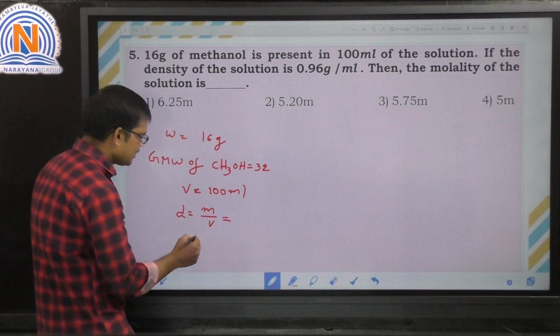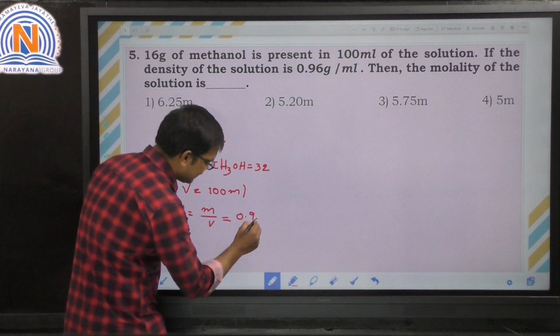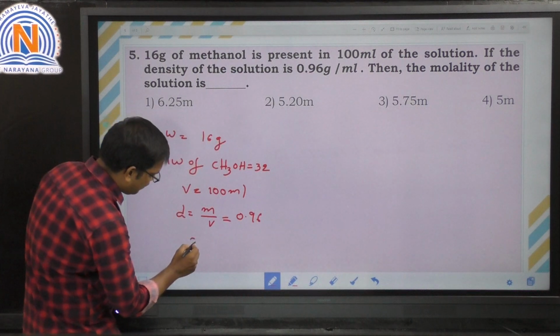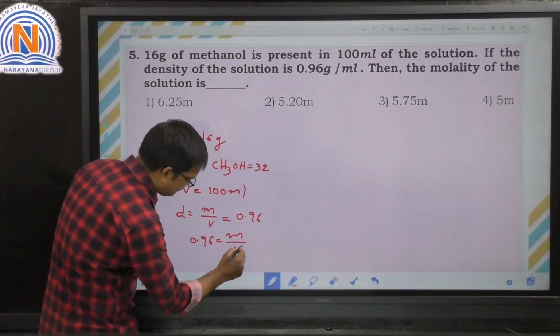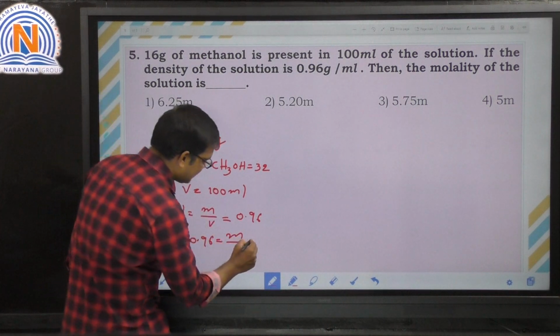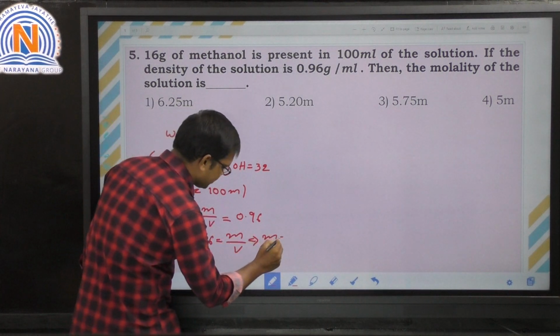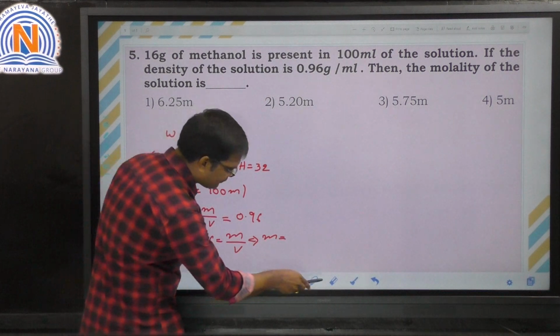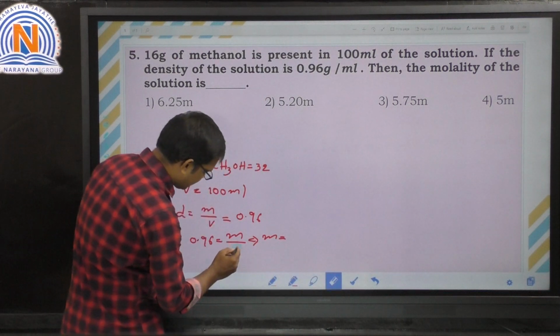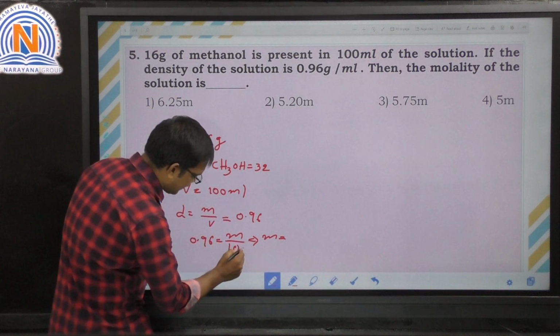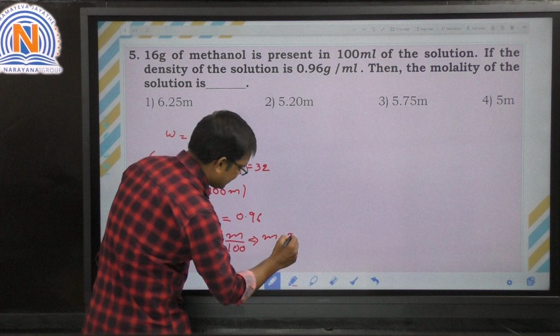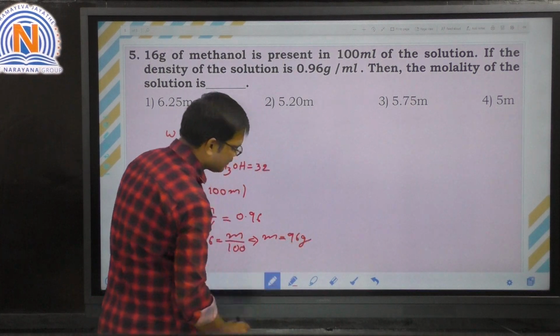So density is 0.96, so 0.96 equals M by V, where M is the mass of the solution. Then you will get the mass of the solution equal to 96 grams.